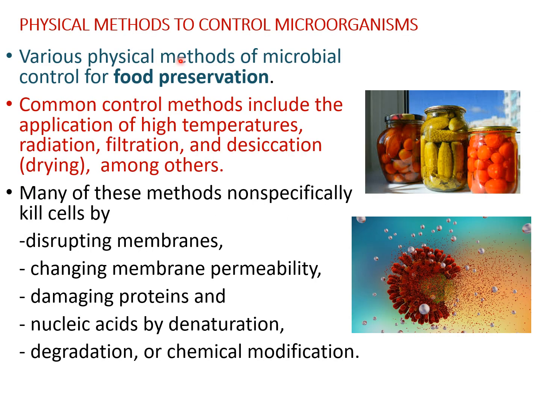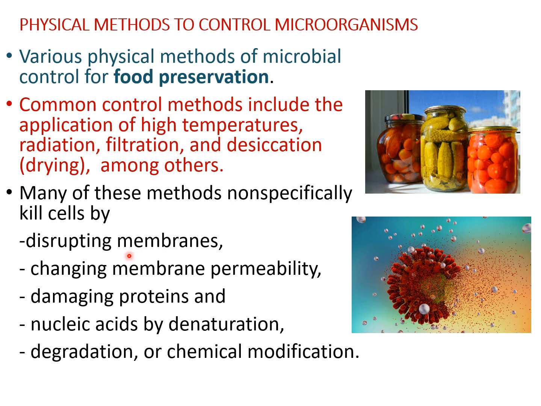There are various physical methods also to control microbial hazards, like microbial control for food preservation. The common control methods which all of us know are heating at high temperatures, exposing to radiation, filtration, desiccation, etc. All these are non-specific methods, damaging the microorganisms non-specifically.